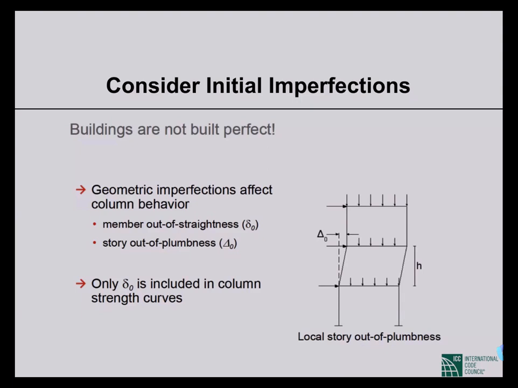From one story level to another, there may be a little bit of out of plumbness. And we can consider that in two ways. While modeling, we can model it so that the levels are not vertically upright. That's one way.